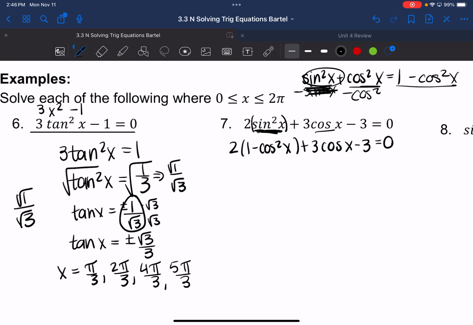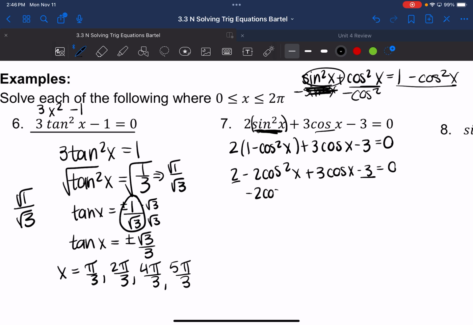Now that I've changed it out, I can distribute that 2 back in. When I distribute 2 to that parenthesis, what are we going to get? 2 minus 2 cosine squared, and then we'll still have that plus 3 cosine of x minus 3. Any like terms we could combine? 2 and negative 3.